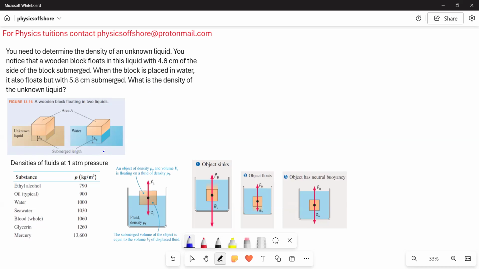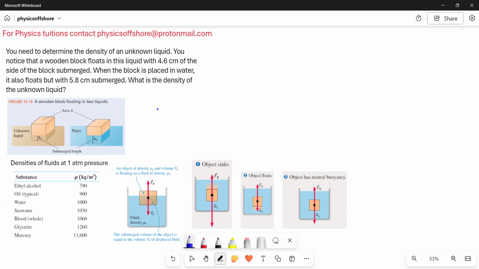Now, according to Archimedes' principle, whenever an object is either partially or completely immersed in a liquid, the liquid exerts a buoyant force, and that buoyant force is equal to the weight of the fluid displaced by the object.